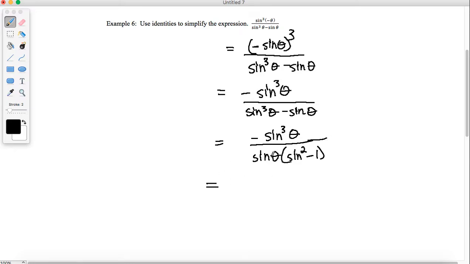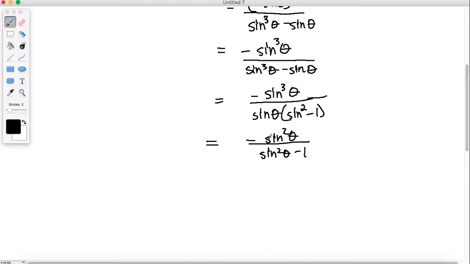And now that I have this sine factored out, I can cancel it with one of these 3 sines multiplied together on top. And so I'm going to get negative sine squared theta over sine squared theta minus 1. Now what I don't want you to do is think that you can cancel those sine squared of theta, right? Because that's a minus 1 in the denominator, right? So I can't cancel anything. I've got to work in the numerator and the denominator.